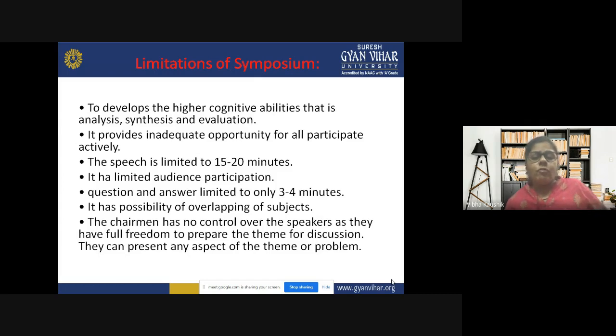We are giving them full freedom that they can present their own viewpoints related to the topic we are going to discuss. They can present any aspect of the theme or problem on which they want to give their viewpoint.